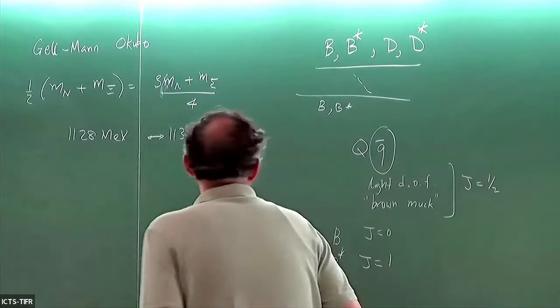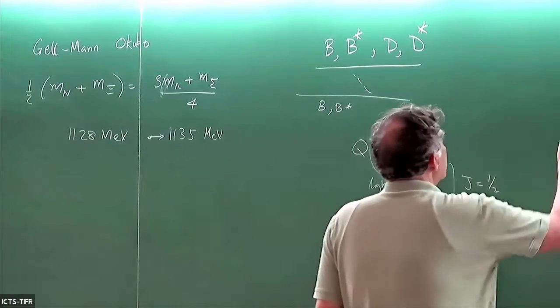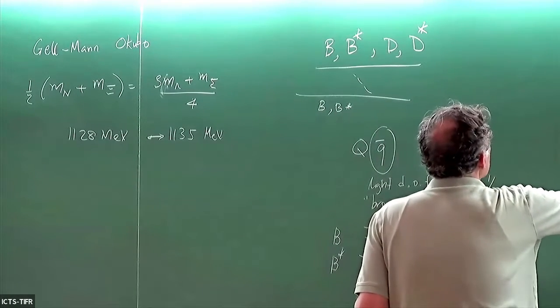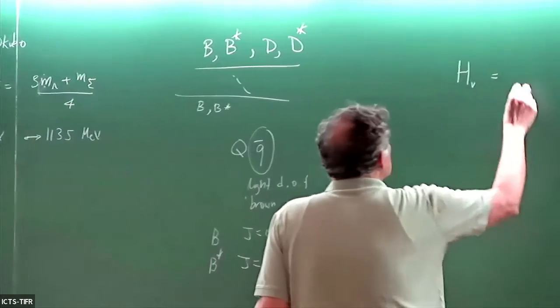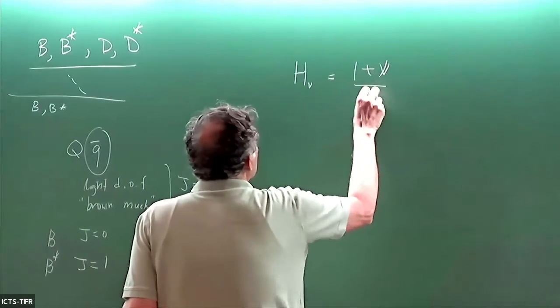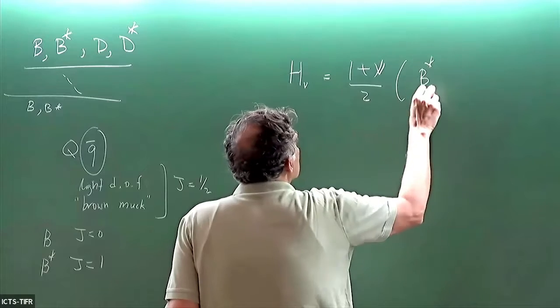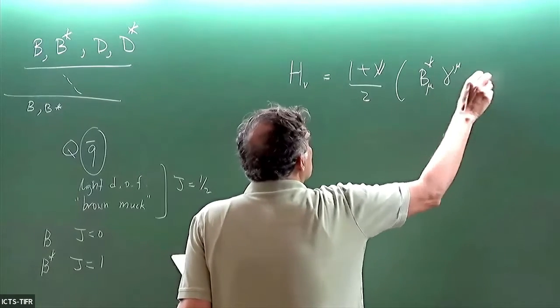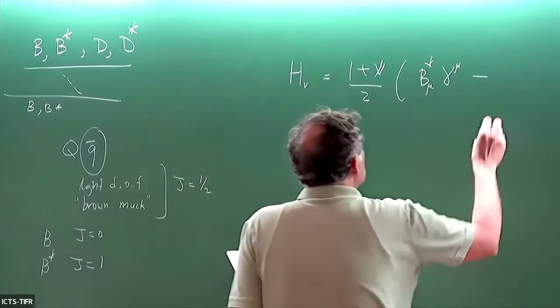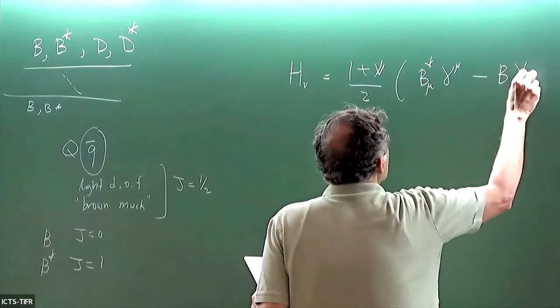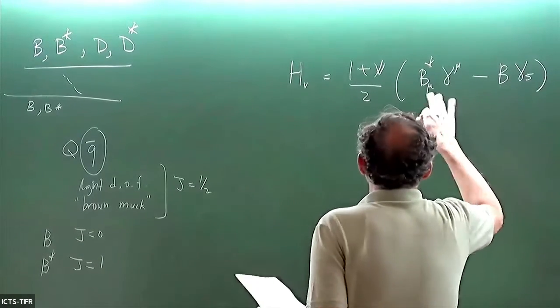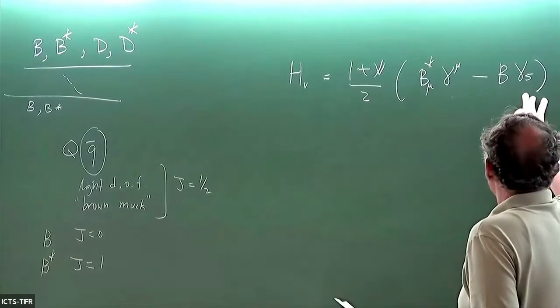The way they're represented in heavy quark effective theory is you define what's called an H field with a velocity on it, which is (1 plus v slash) over 2, which you should be used to by now, times B star mu gamma mu minus B gamma 5. So you're contracting the vector with a vector and the pseudoscalar with a pseudoscalar.